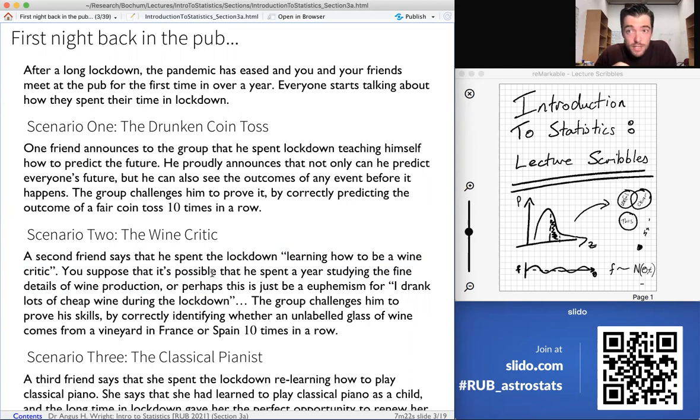Again, the group thinks that's a pretty bold claim, and they challenge this person to prove their skills. The way in which they challenge that person is by correctly identifying whether an unlabeled glass of wine comes from a vineyard in France or a vineyard in Spain 10 times in a row.